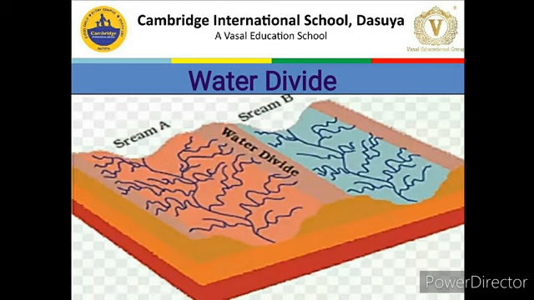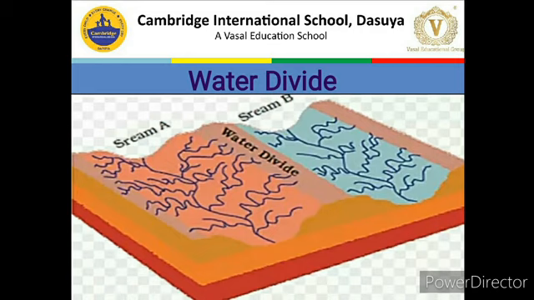Any elevated area which separates two drainage basins is known as a water divide. In other words, the relief feature which separates the two river basins is called water divide or the watershed.